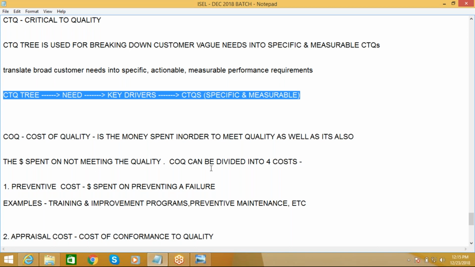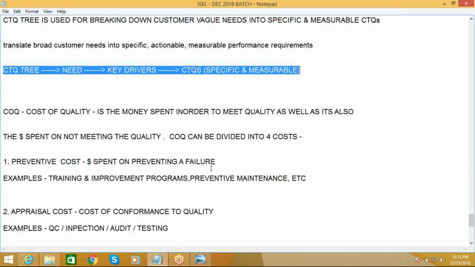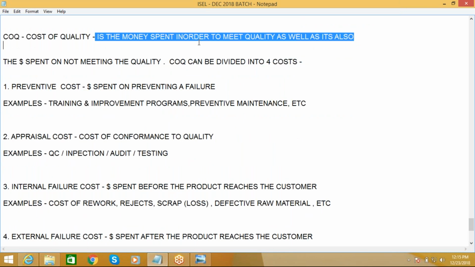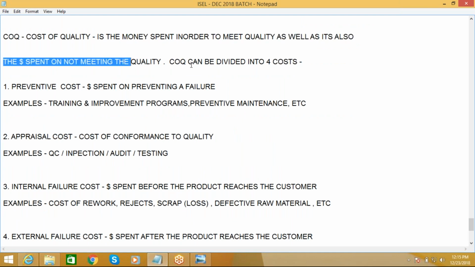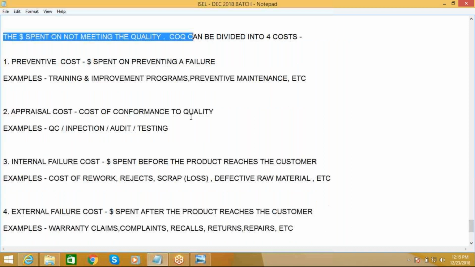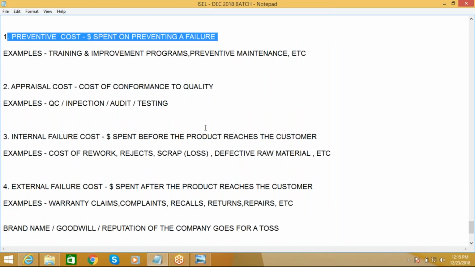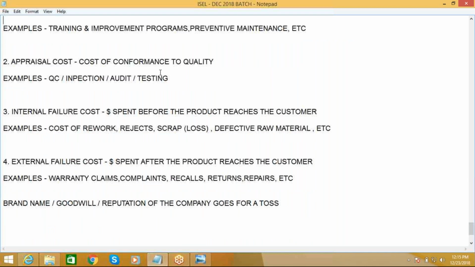Okay, next, after this, we moved on to the concept of cost of quality. Cost of quality includes both the money spent to keep up the quality, as well as the money spent in case of not meeting the quality. It can be divided into preventive, which is money spent on preventing a failure, for example training and improvement programs, and things like preventive maintenance.